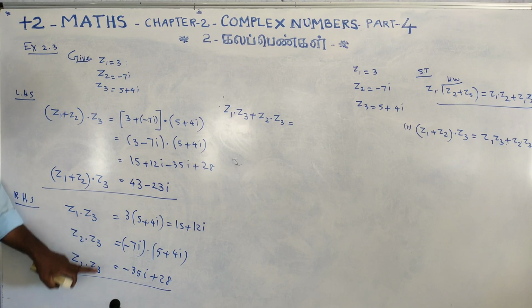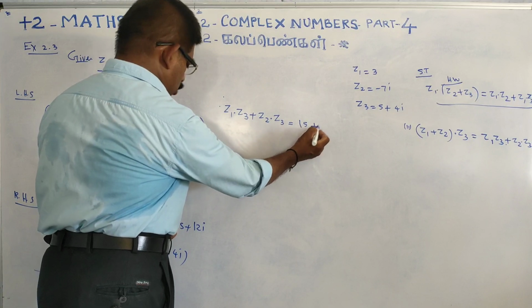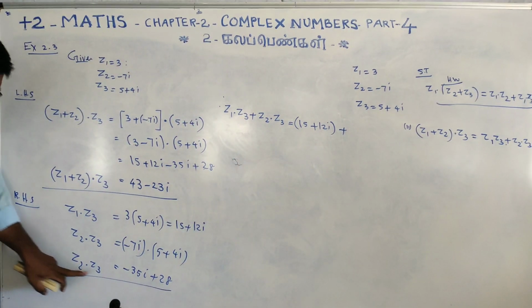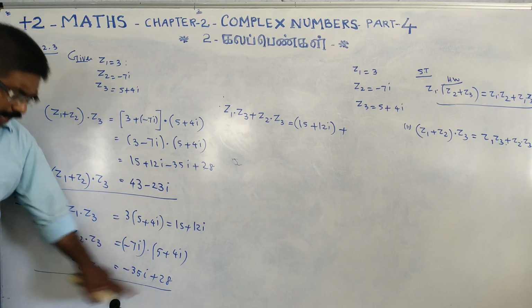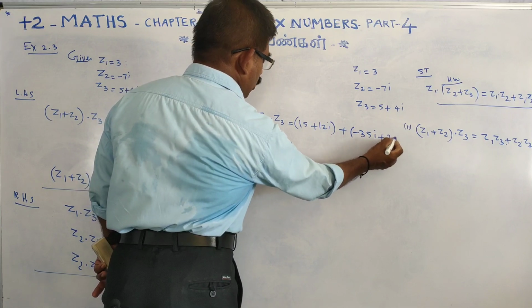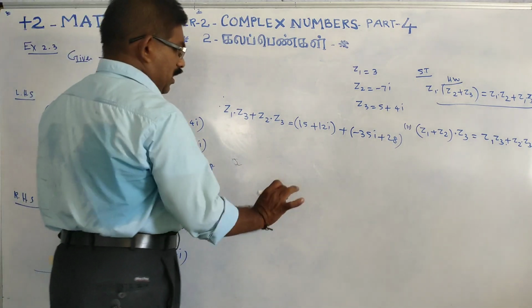First result, 15 plus 12i, plus second result, Z2 into Z3, minus 35i plus 28. Okay, now we can add the two results. How can we?